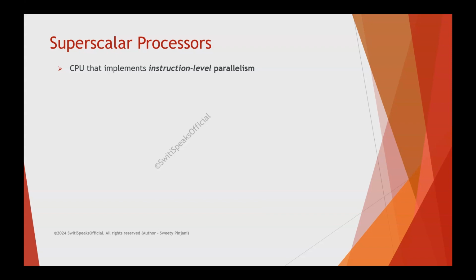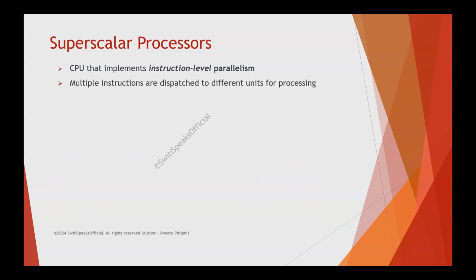But here, instruction level parallelism means multiple instructions can be fetched together, multiple instructions can be decoded together, and multiple instructions can be in the same pipelining stage. That is why it is called a superscalar processor. We are going to see an example of how it works, but for now, understand that multiple instructions can be fetched together in the CPU.